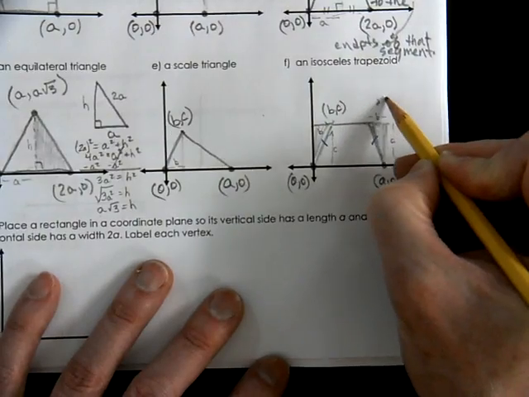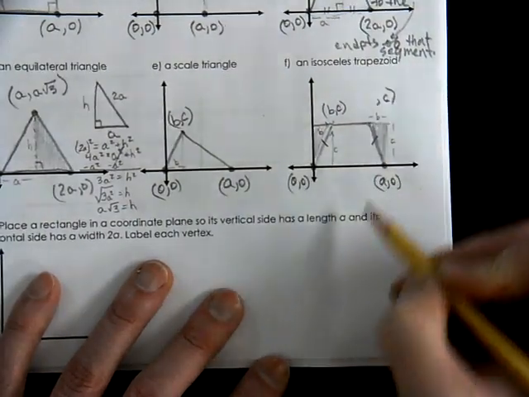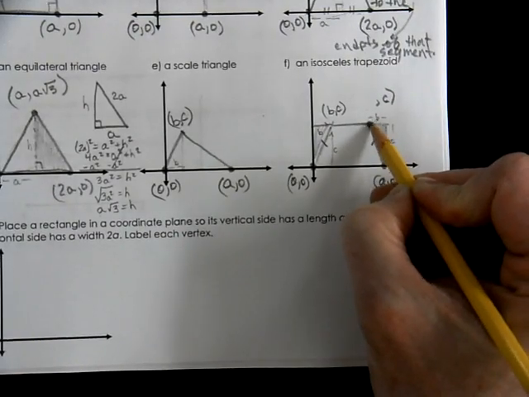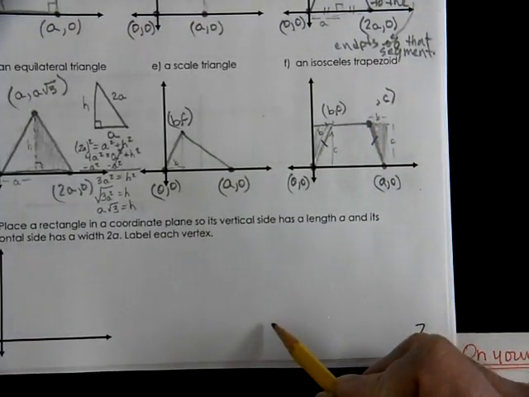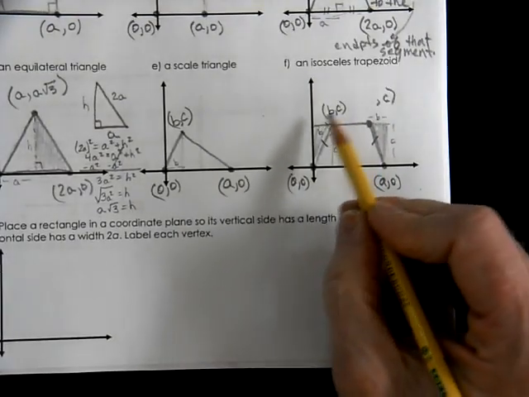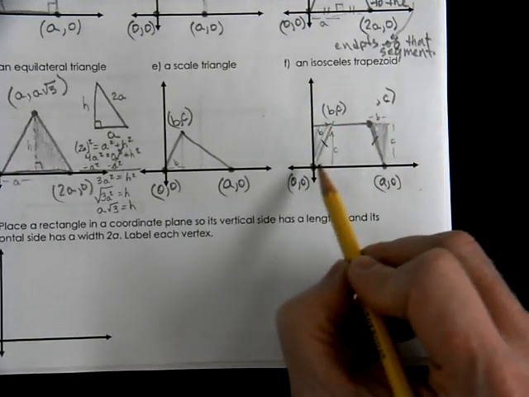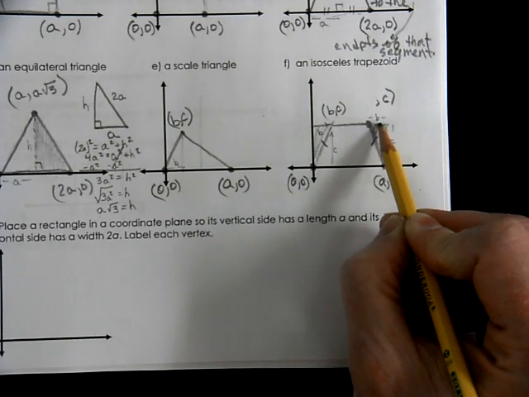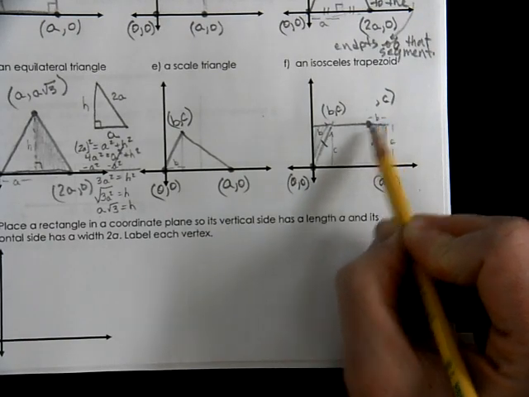So I know my height is going to be c, but what is this coordinate going to be right here? If it was d, then it could be just something different than the other ones. But it's going to be all the way over to a, backed up this distance of b.